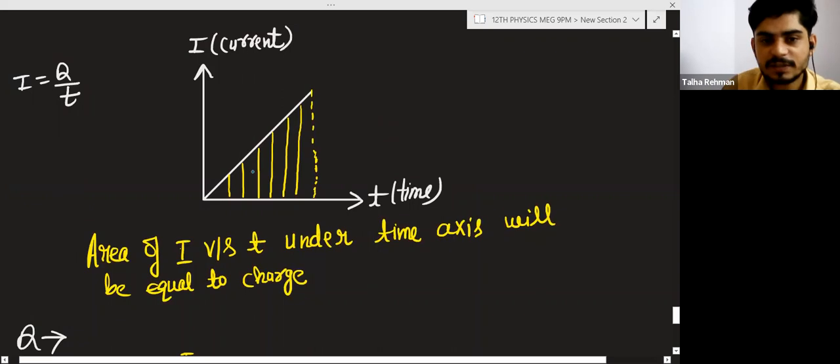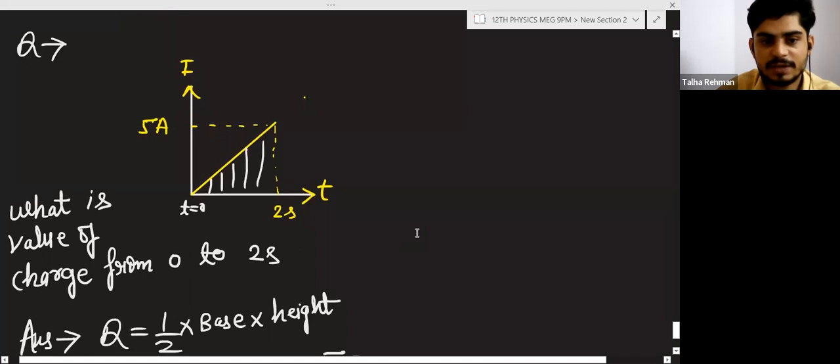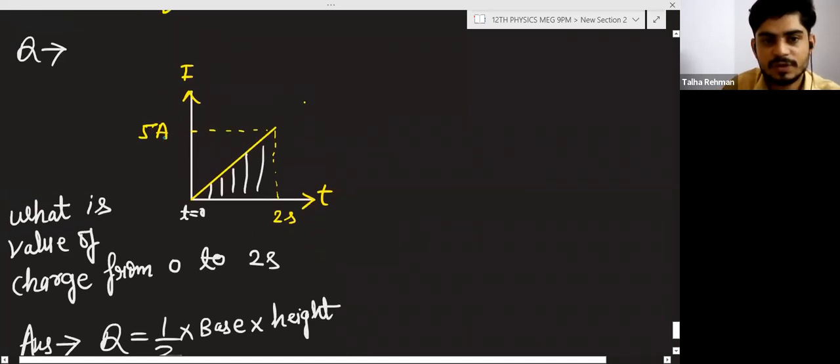The area under the time axis will give you the charge. Like here, I told you this is the graph, and the current here is 5 ampere on the current axis, and on the time axis, time is 2, and the graph was a straight line.